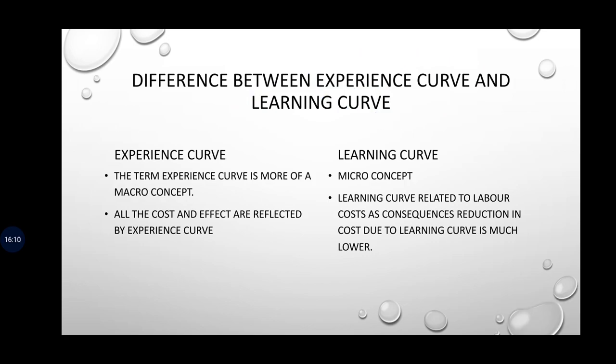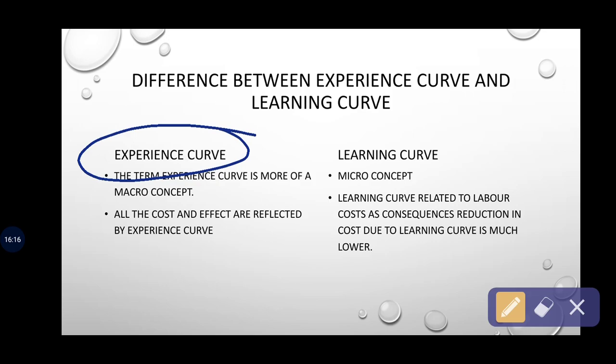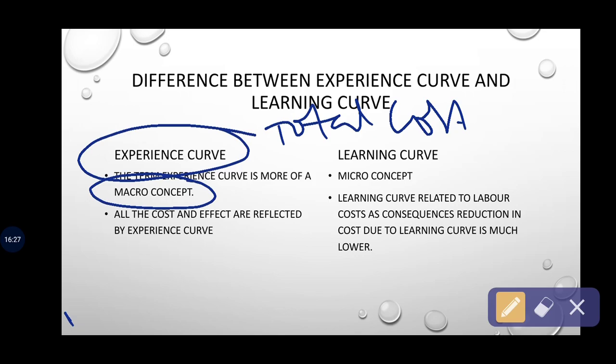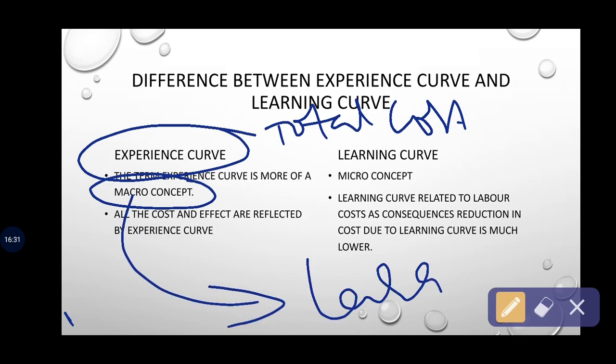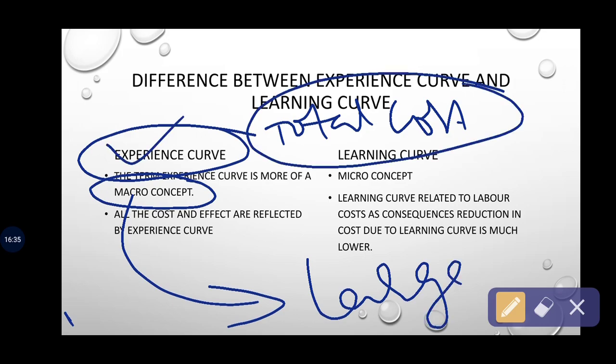So let's discuss the difference. First, the experience curve deals with all types of total cost, so this is macro in nature. It is dealing with a large concept. It is covering the total cost, so it is macro in concept.